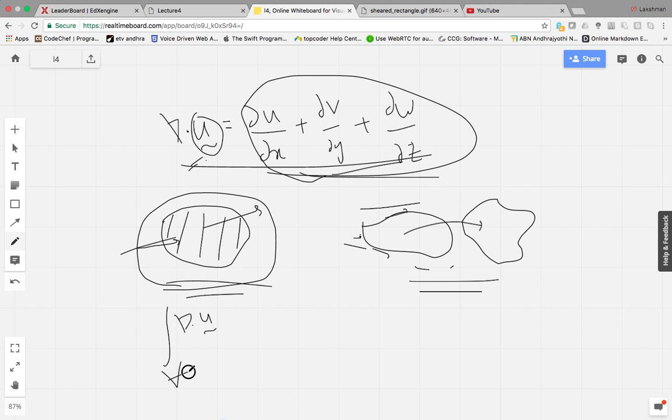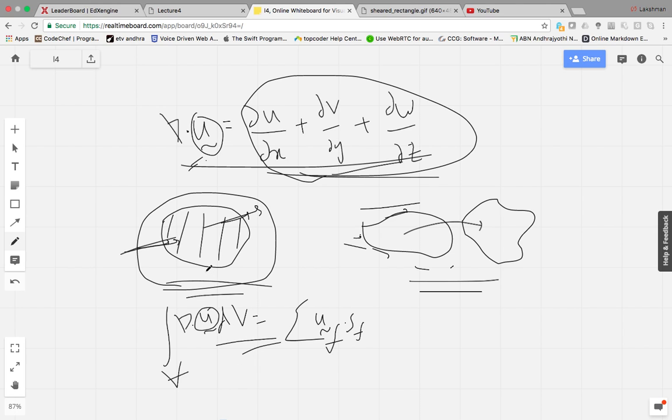If you integrate over a control volume, this is equal to the summation of fluxes passing through all the surfaces. So the change of this particular property, which is velocity, inside this control volume is equal to the fluxes passing through its control surface. That is what the divergence theorem says.